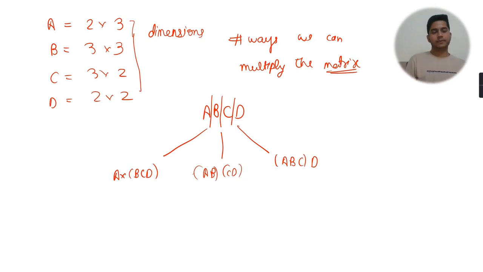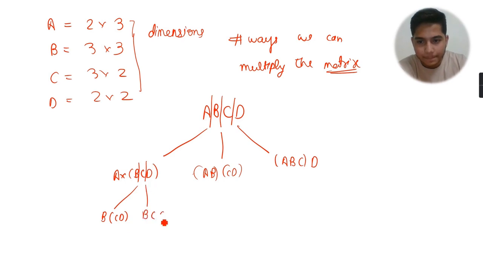Further, in the case of BCD as well, I can cut here and go B and CD, or I can cut here and go BC and D. Similarly, in the case of the two-matrix parts, it's simplified: you have to multiply two things, so AB and CD.